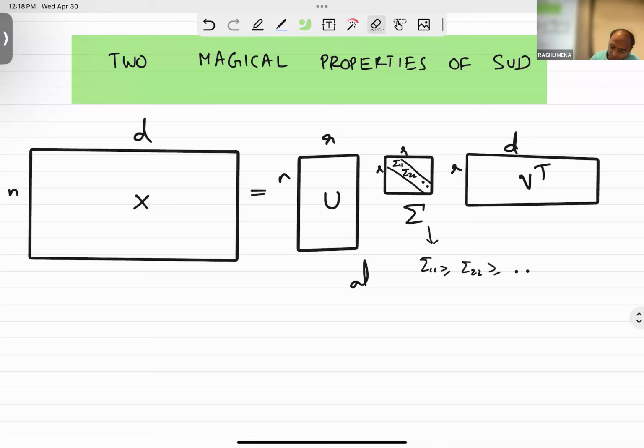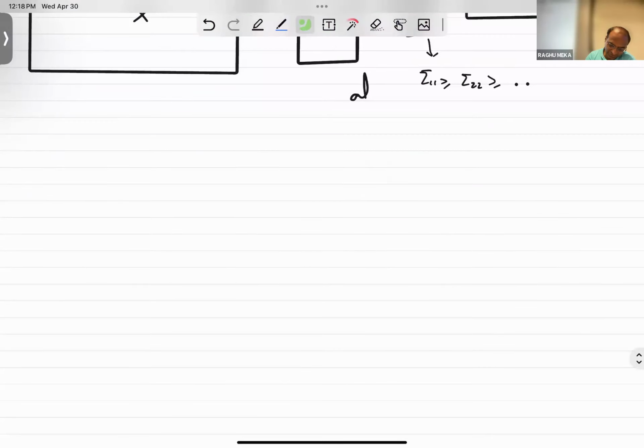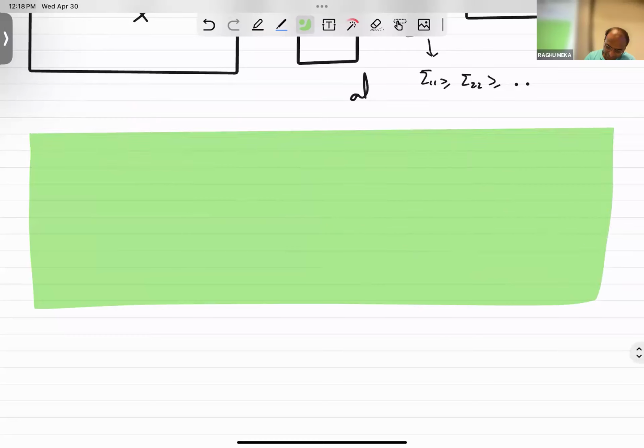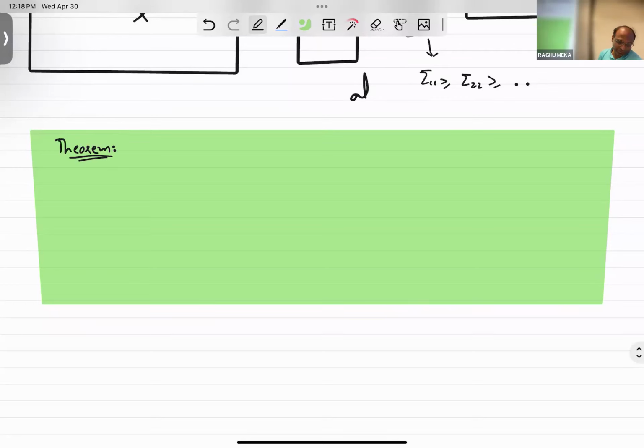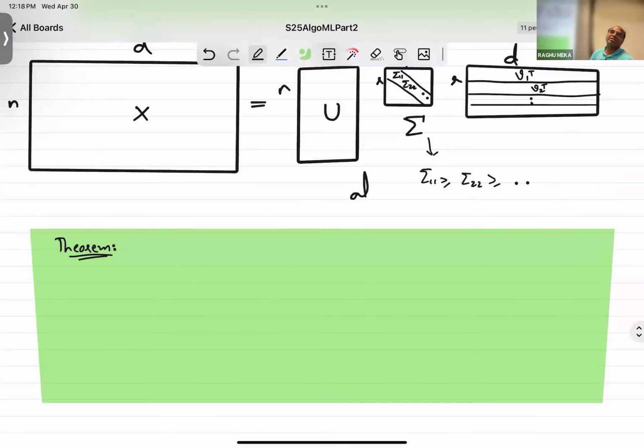Now, if you look at the rows of V transpose, let's call them vectors V1 transpose, V2 transpose, and so on. The two magical properties, which require proof, and the proof involves some linear algebra, especially the Courant-Fischer theorem or something like that, are the following. The first one is that SVD solves for the principal components. It actually gives us the principal components.